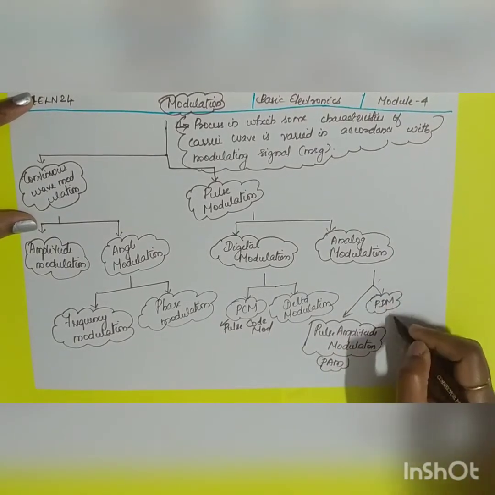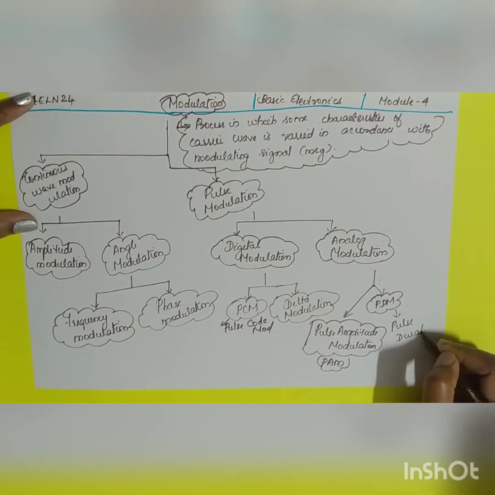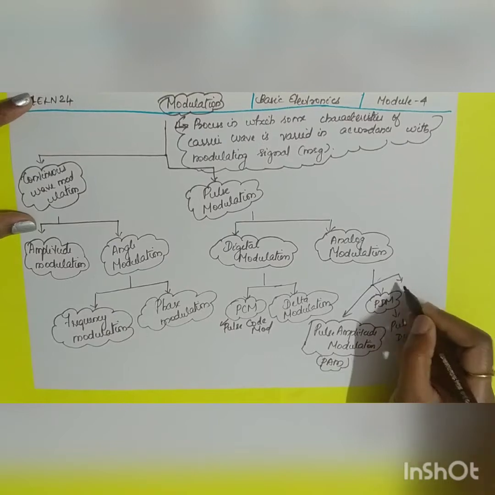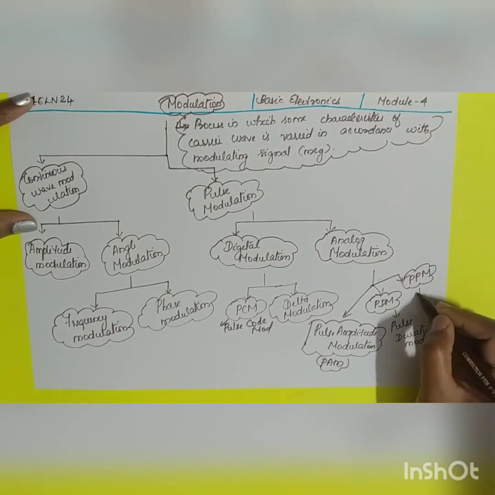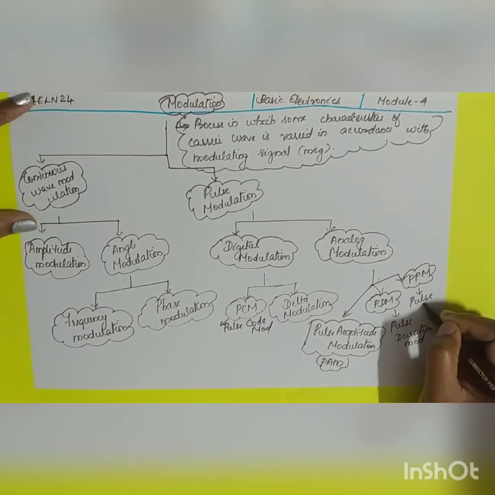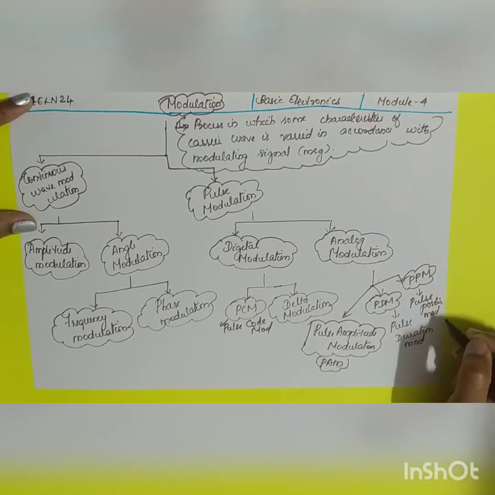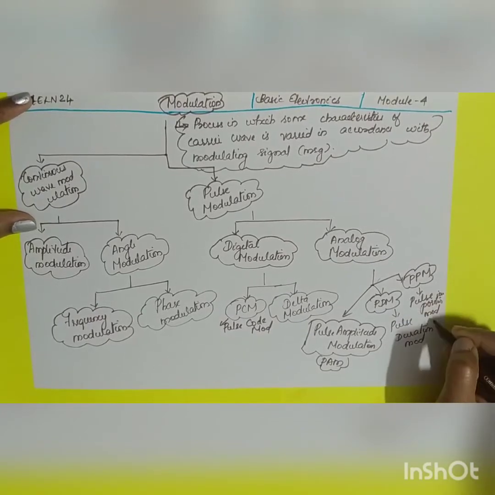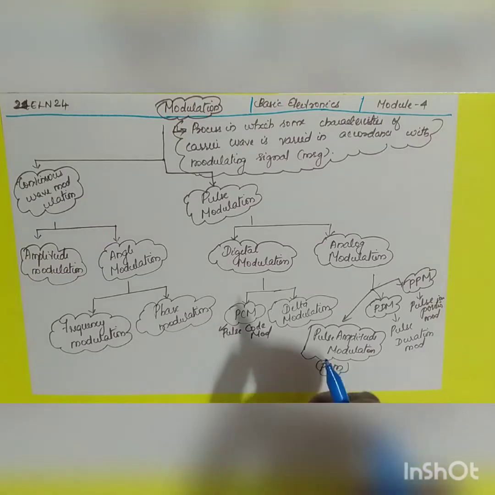Then second one is called as PDM, pulse duration modulation. And the last one is called as PPM. So PPM stands for pulse position modulation. Okay. So these are the various classification of your continuous wave modulation and pulse modulation.